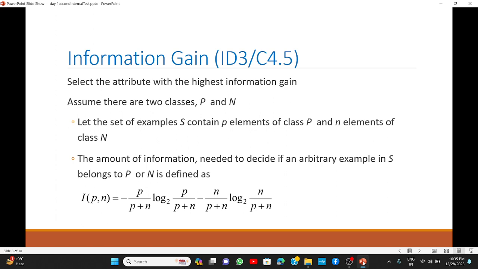Assume there are two classes P and N. Let the set of examples S contain p elements of class P and n elements of class N. The amount of information needed to decide if an arbitrary example in S belongs to P or N is defined as I(p, n) equal to minus p by p plus n log to the base 2 of p by p plus n, minus n by p plus n log to the base 2 of n by p plus n.